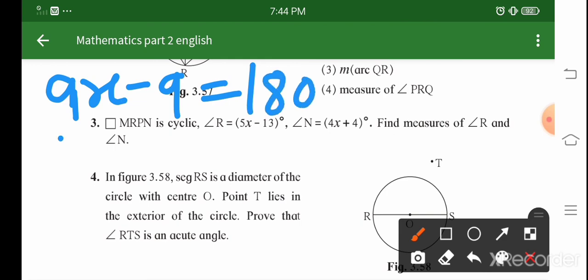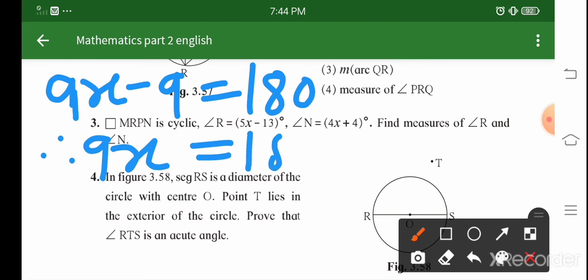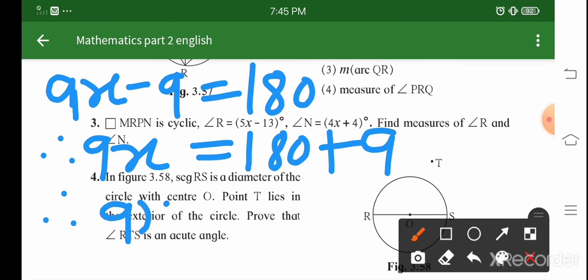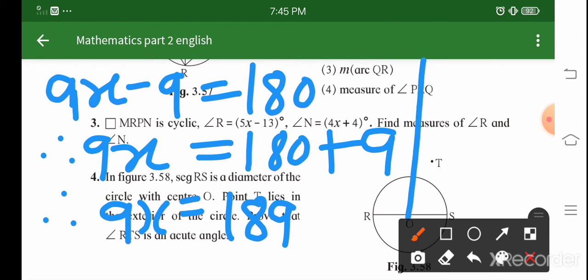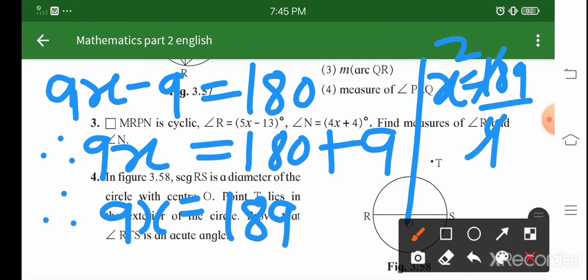Therefore 9x, this is a number, so just take this 9 over here, it will become plus because it is minus. So therefore 9x is equal to 189. So now x will be 189 upon 9. 9 ones are 9, 9 twos are 18 and 9 ones are 9. So you are getting the value of x as 21.